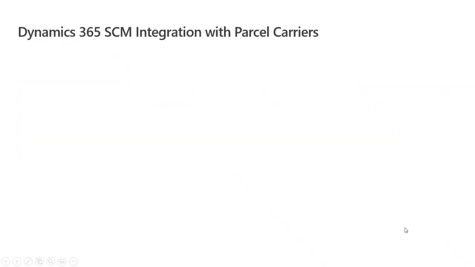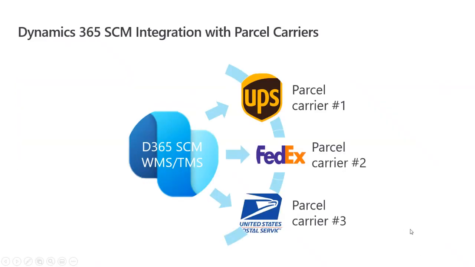What this looks like in more of an infographic view is that we've got our Dynamics 365 Supply Chain Management business application, and specifically we're going to be talking through the warehouse management and transportation management configurations that are required to enable this. And then we've got a communication. These are XML messages that are sent and received between Dynamics and the parcel carrier APIs.